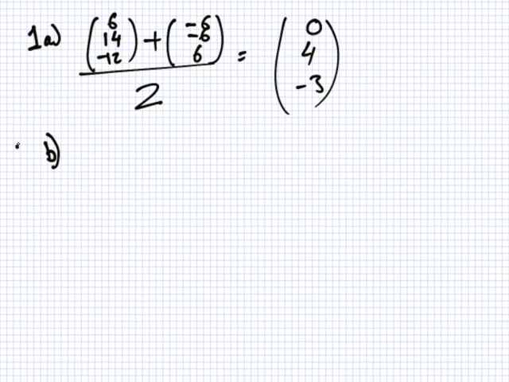All right, sorry, not B. I mean 2A. Okay. In each case, the first vector points to a point on the line, and the second vector points along the line. Find the equation. So what I mean is, here you have a point on the line.